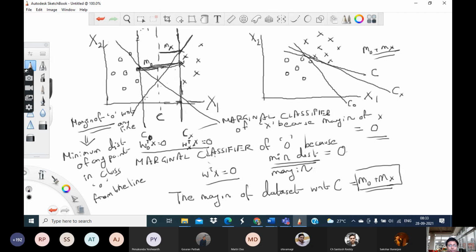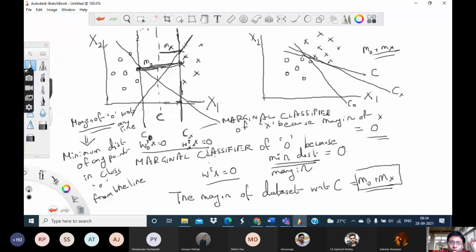So the total margin of the data set with respect to C circle is basically this distance. Similarly, the total margin of this line with respect to the data set is again maybe this distance. In this case, for the classifier C, the margin is this plus this, right?